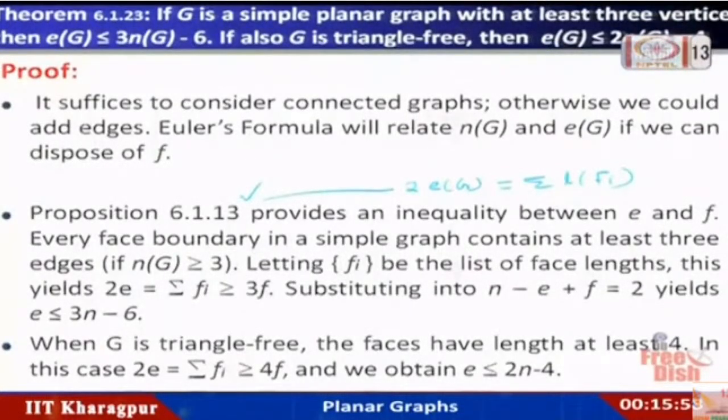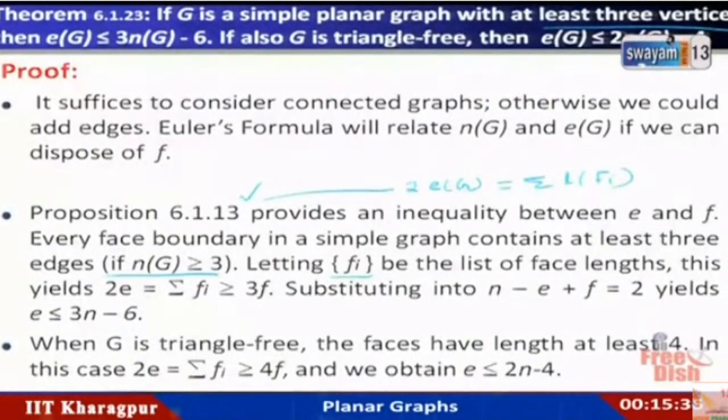Now every face boundary in a simple graph contains at least 3 edges, so the number of vertices should be 3 or more. That is the requirement for this theorem. Let Fi be the list of face lengths.